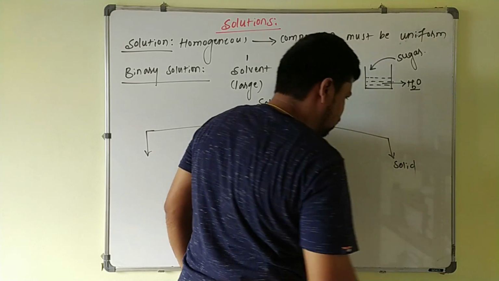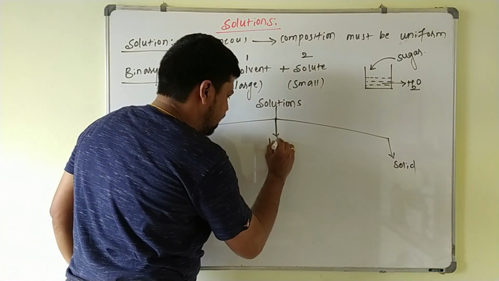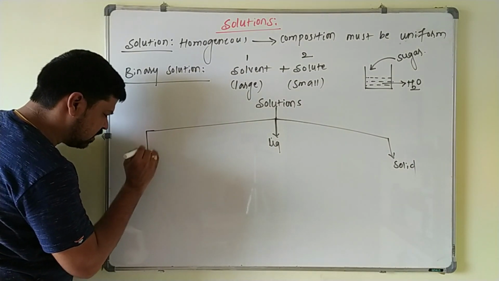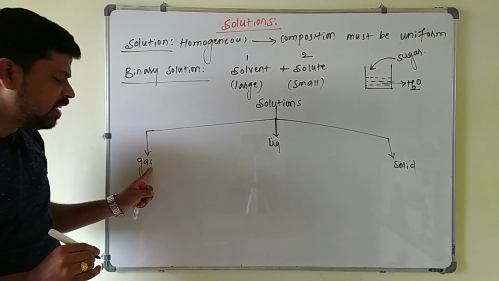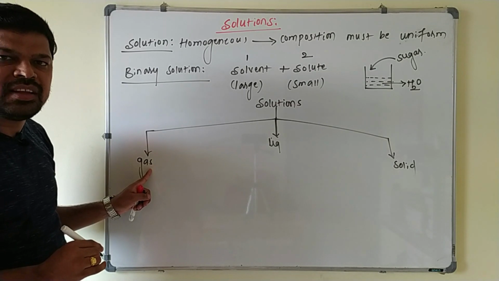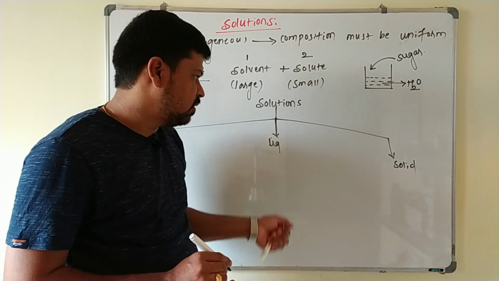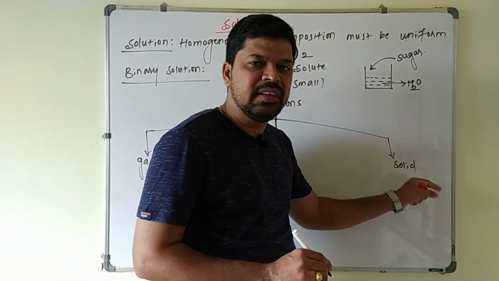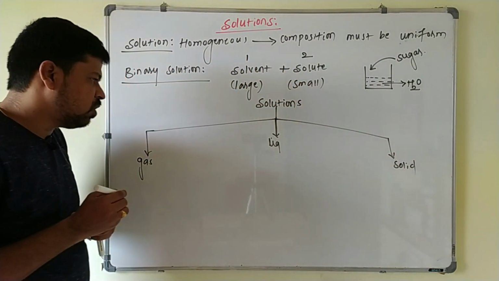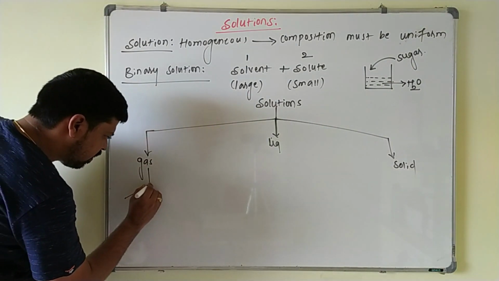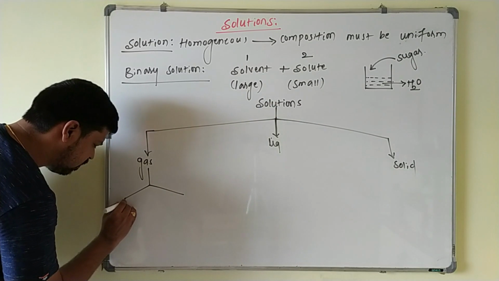If the solvent is gas, then it is called a gaseous solution. If the solvent is liquid, then it is a liquid solution. If the solvent is solid, then it is called a solid solution.